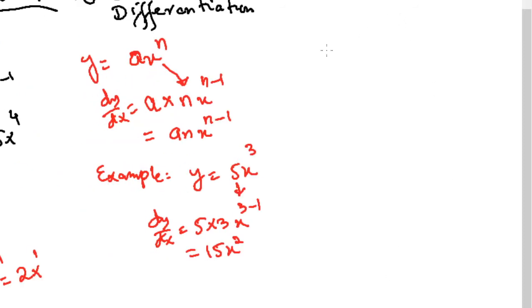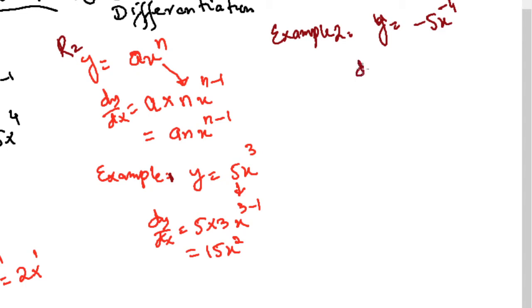Now this was example number 1, for this rule, let's say rule 2. Example 2 for rule number 2 is y is equal to, let's say, minus 5x power minus 4.